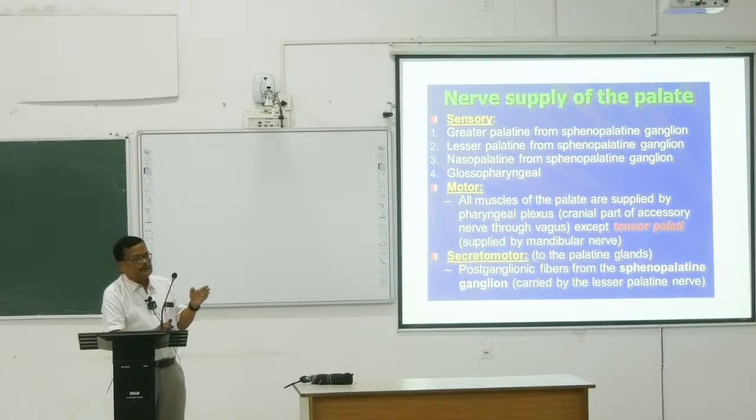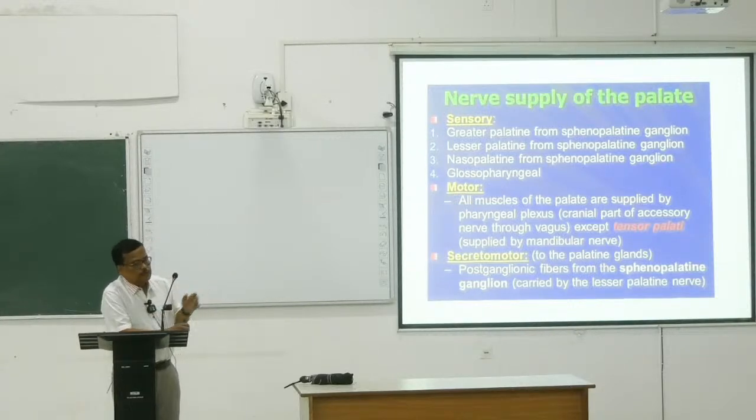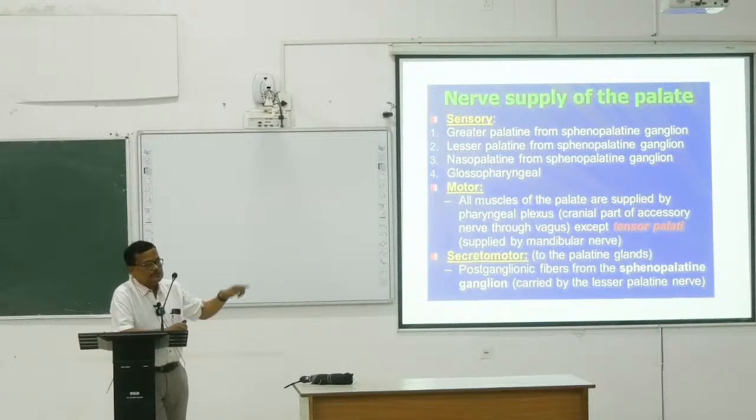This comes from the superior salivatory nucleus, then to the facial nerve, then to the geniculate ganglion, then to the greater petrosal nerve, then to the nerve of the pterygoid canal, then it relays in the sphenopalatine or pterygopalatine ganglion. From there, the lesser palatine nerve arises, which supplies the palatine gland.